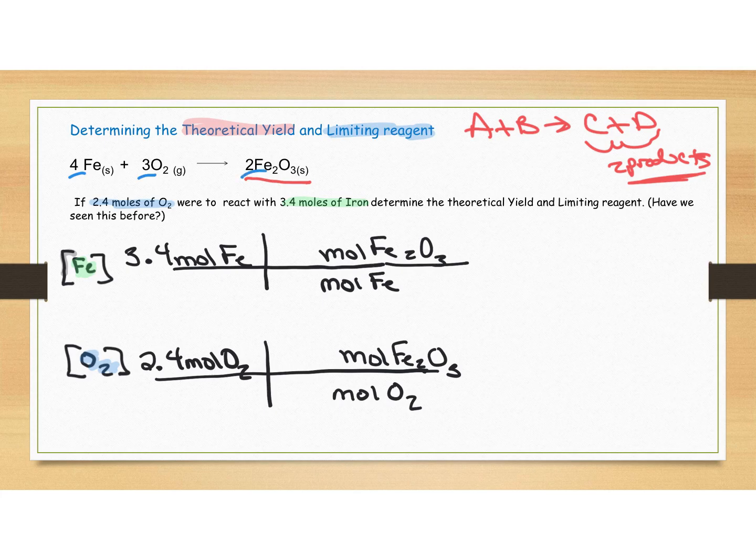So by the iron, I get a 4. The Fe2O3 gets a 2. By the O2, I have a 3, because that's the coefficient out in front of my chemical reaction. And out in front of the Fe2O3, I have a 2.